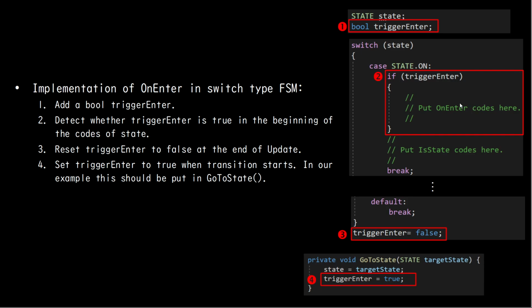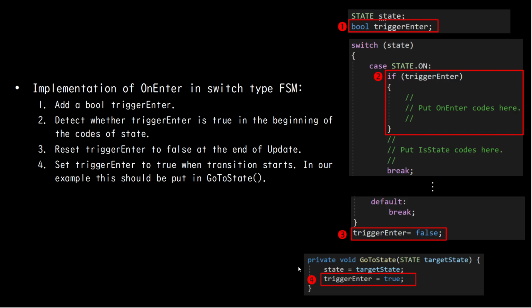And whenever we have processed all the on-enter things, we reset the flag back to false again. The next time we enter the state, trigger enter will be false, so the on-enter will never be executed again. That's the idea of using a simple flag to implement the on-enter.